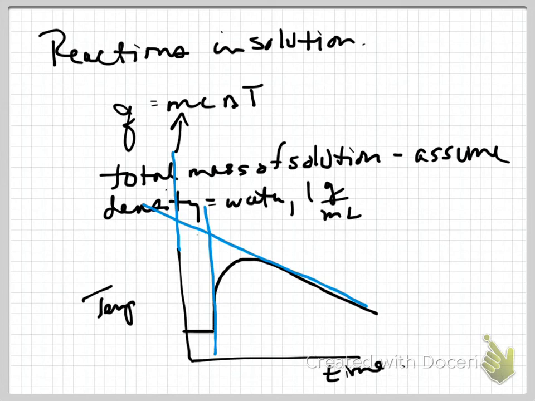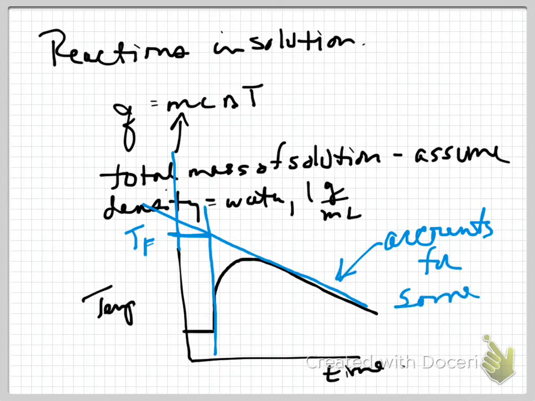Okay, and what you want to do is actually this right here is your final temperature. This accounts for some heat loss of your system. Okay, and that'll be the second screencast for energetics.